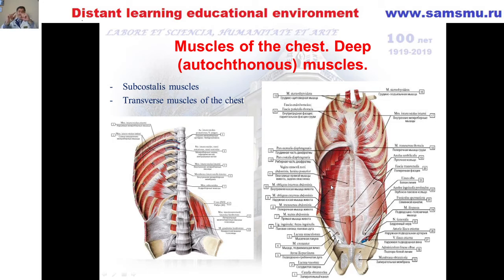Action. The external intercostal muscles raise the ribs and expand the thoracic cage in anterior, posterior, and transverse directions, and are muscles of inspiration during normal quiet breathing. Other muscles also take part in forced respiration.